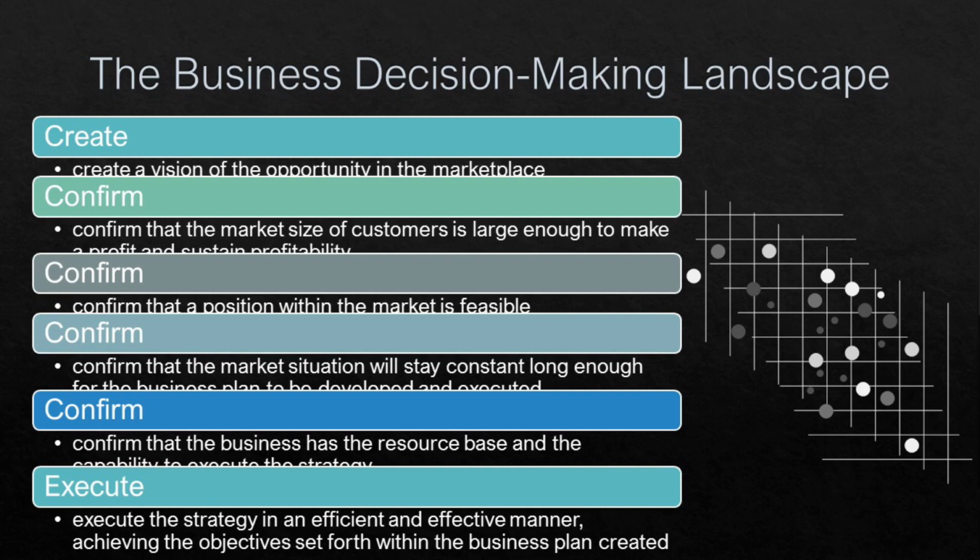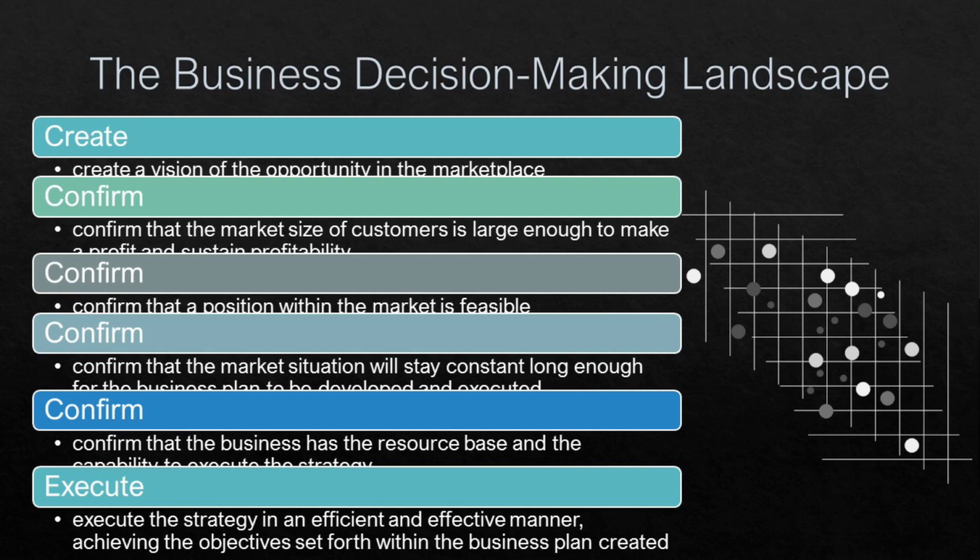They also need to confirm that a position within the market is feasible. So we are doing something that is feasible, which will enable the company to compete in a manner that is superior to the direct competition.